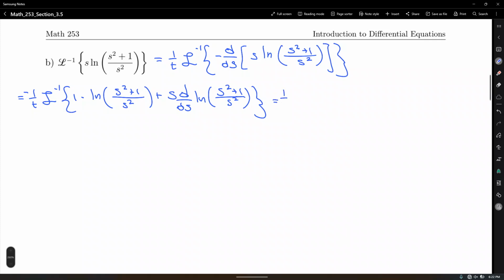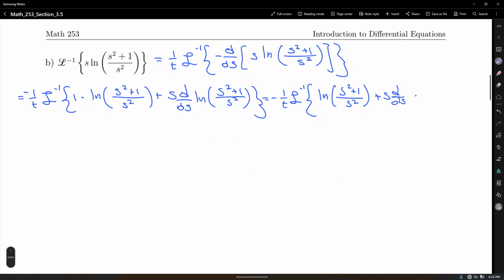So that equals negative 1 over t inverse transform of ln of s squared plus 1 over s squared plus s times d/ds. Okay, I'm not going to differentiate yet.